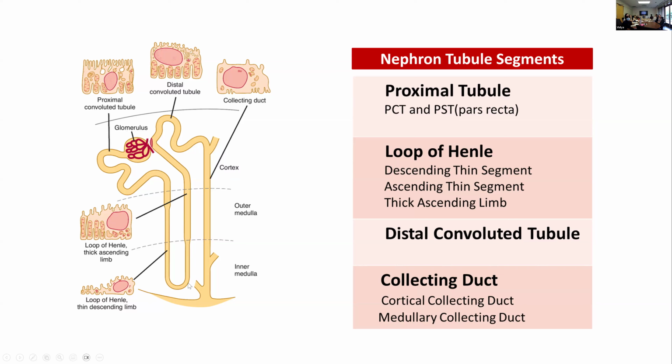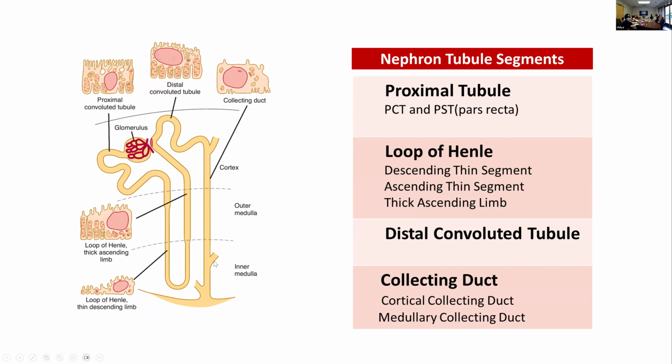And then it goes up to the cortex, and this region is the ascending loop. Again, here we have a thick ascending loop and a thin ascending loop. And then this part is the distal convoluted tubule. And then there is a connecting tubule, which connects the nephron epithelium with another structure called the collecting duct.